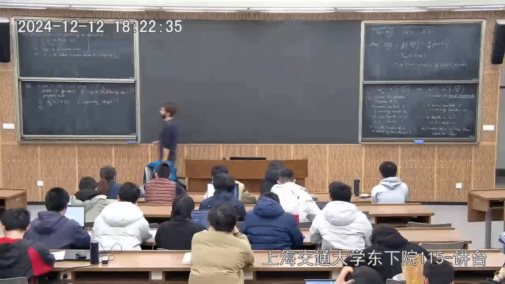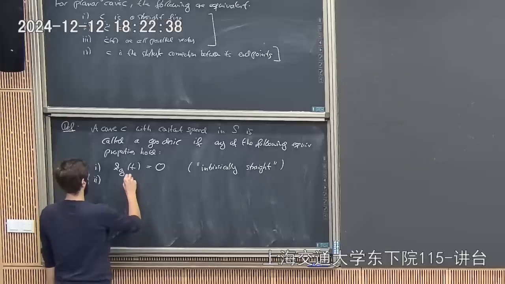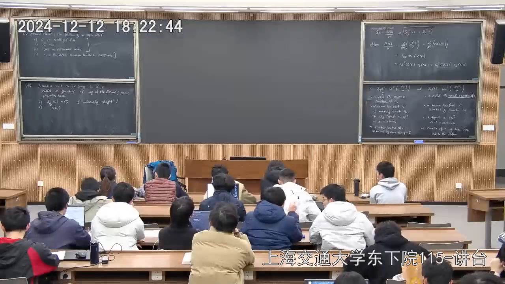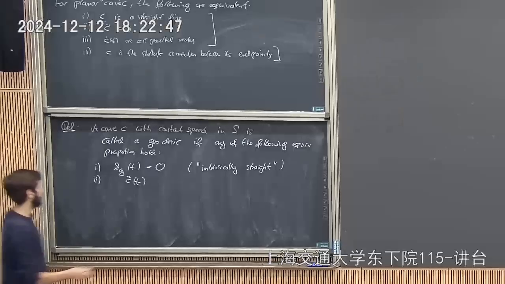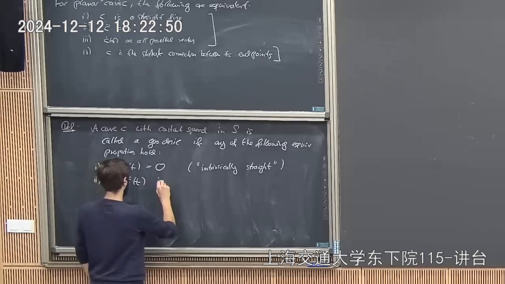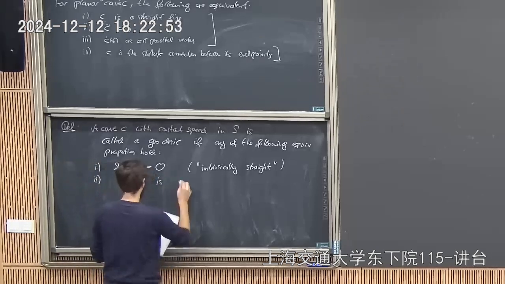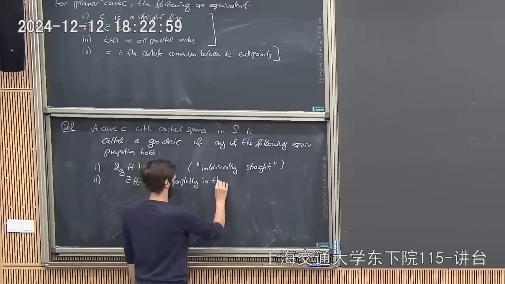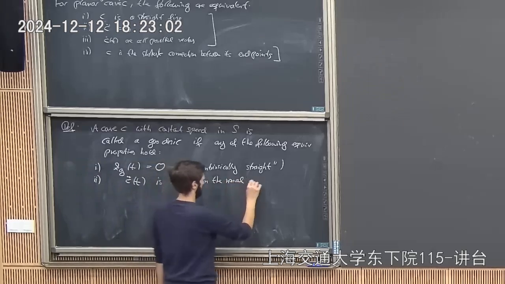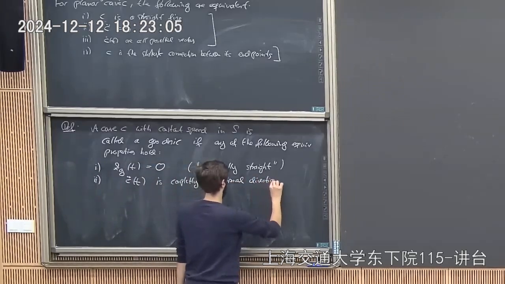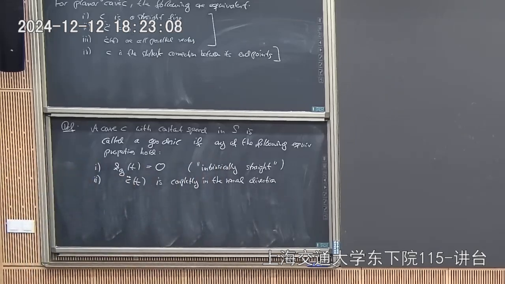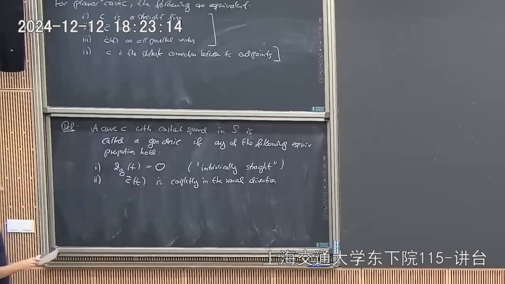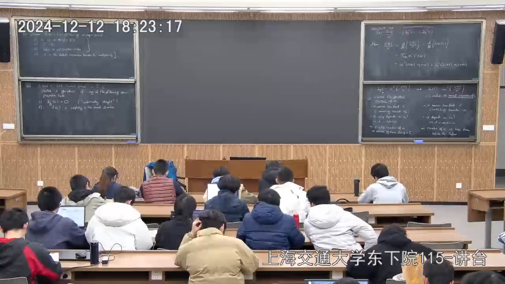So in this case, the acceleration of c can be non-zero, but it has to be completely in the normal direction. So it's proportional to the normal, and then up to some scaling with the speed, the scaling factor is the normal curvature.